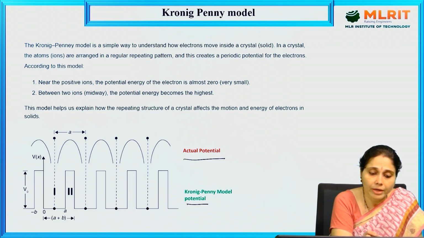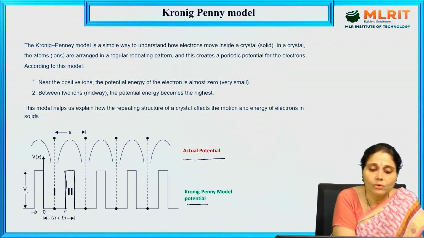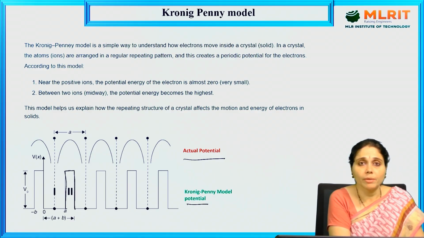Near the positive ions, the potential energy of the electron is almost zero, so here, in the region 0 less than x less than a, the electron will be there. In between these two, the potential energy is maximum. Between two ions, the potential energy will be maximum. These are the basics of the Kronig-Penney model.